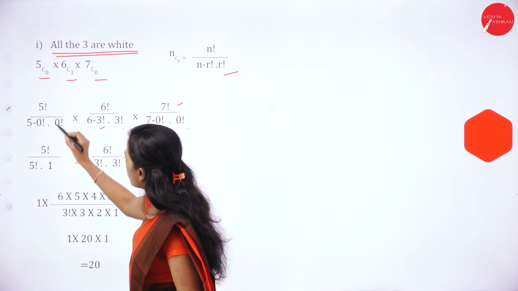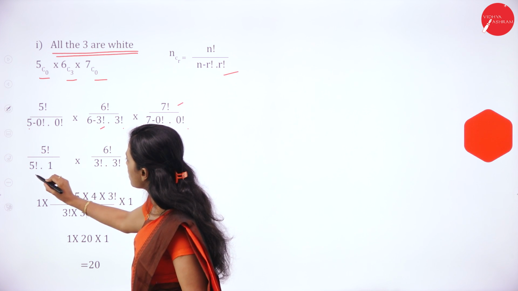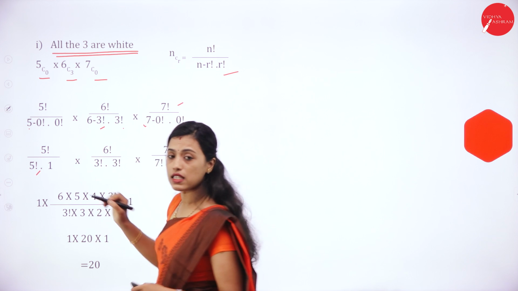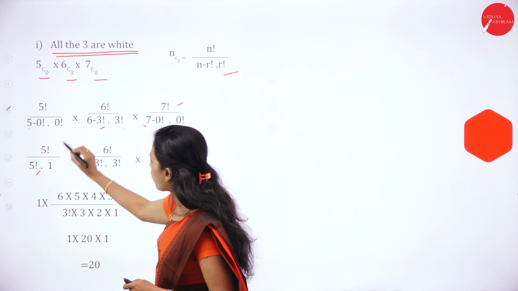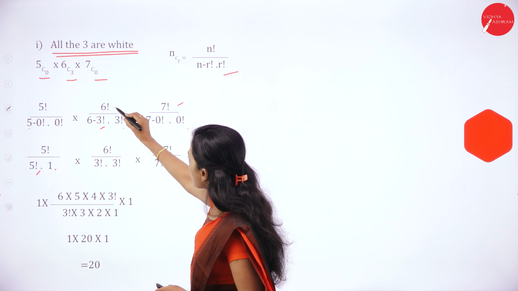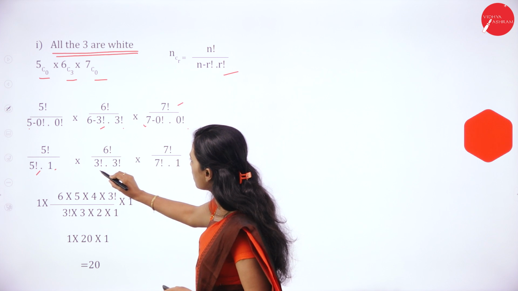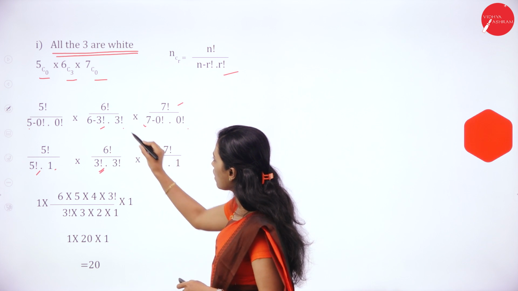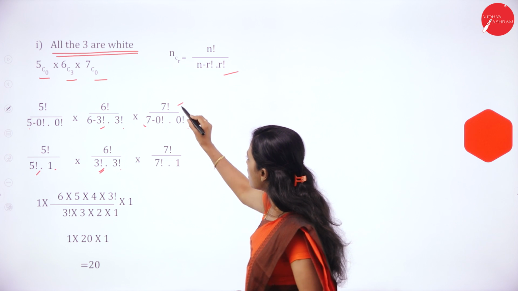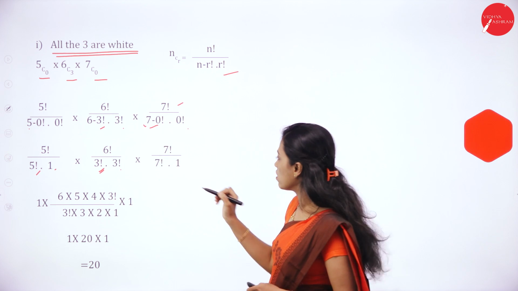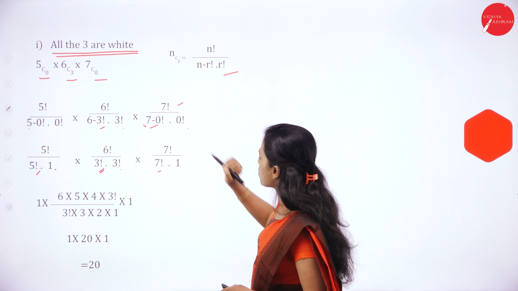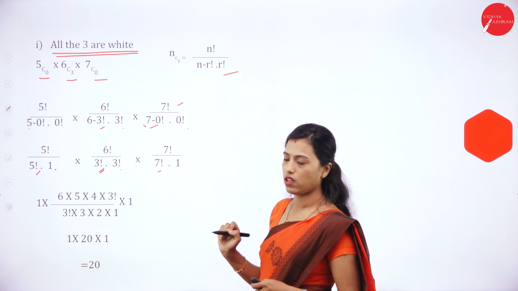So 5 factorial divided by 5 minus 0 is 5 factorial. 0 factorial is always 1. So 0 factorial is 1. 6 factorial divided by 6 minus 3 is 3 factorial into 3 factorial. 7 factorial divided by 7 minus 0 is 7 factorial. So 0 factorial is 1.